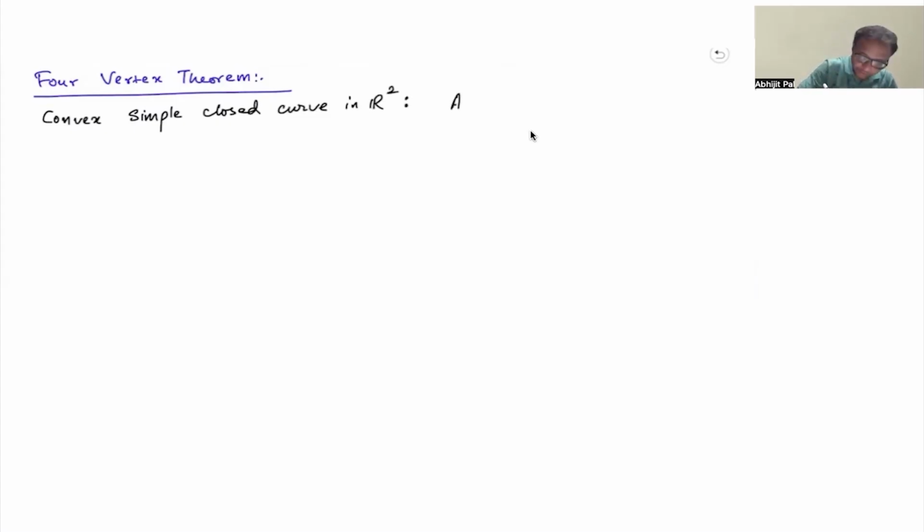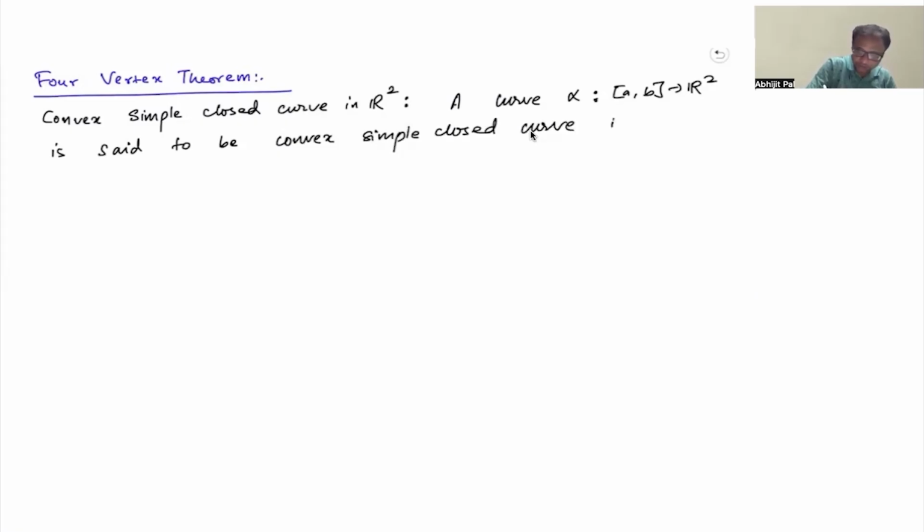A curve alpha is said to be a convex simple closed curve if, first of all, alpha is closed, meaning alpha A is equal to alpha B, and alpha is simple, meaning alpha restricted to the open interval AB is injective.